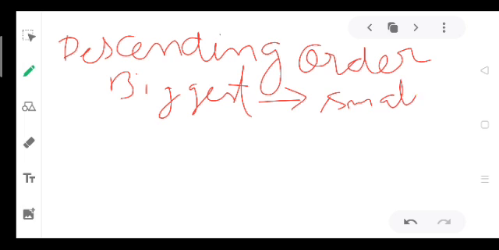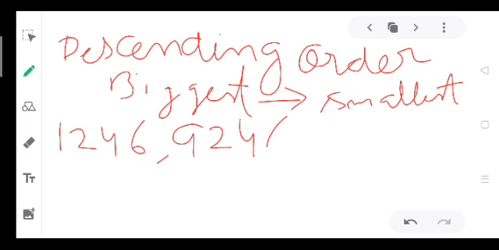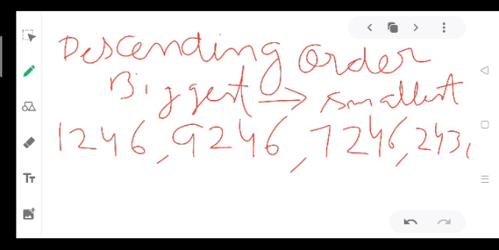Firstly, we will start from the biggest number and at the end we will write the smallest number. Example: 1246, 9246, 7246, and here is 2436. How can we compare this?